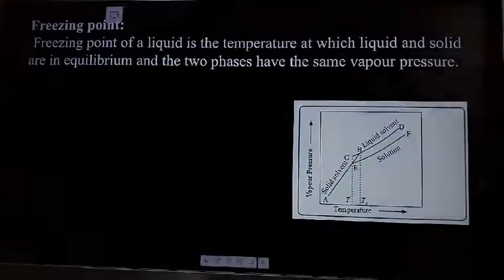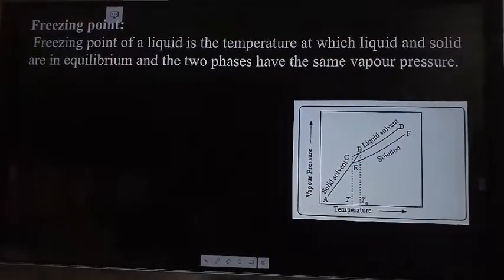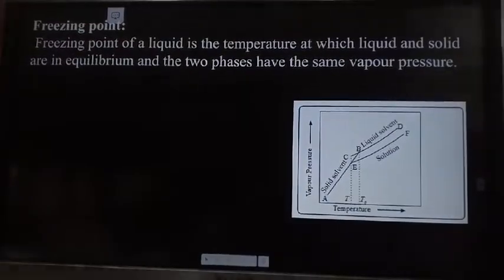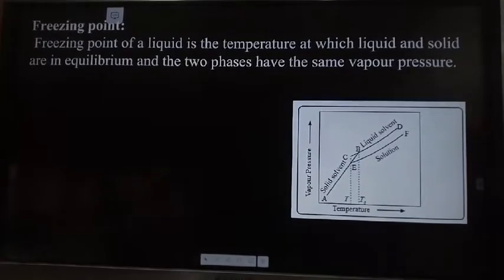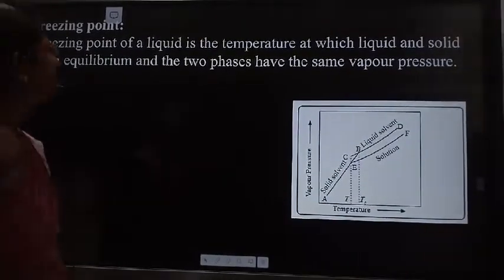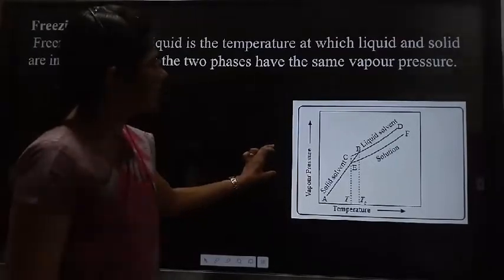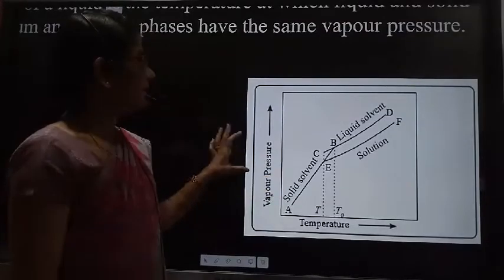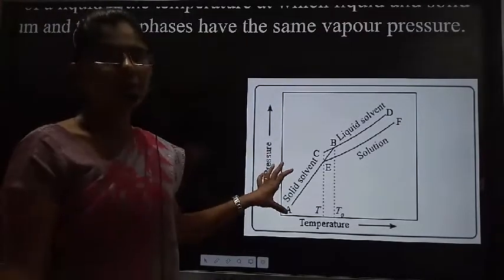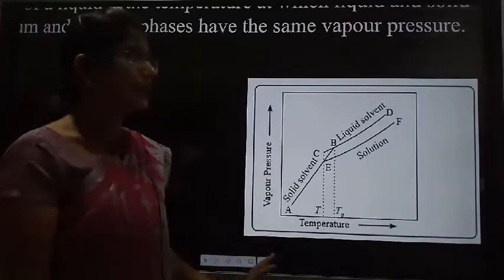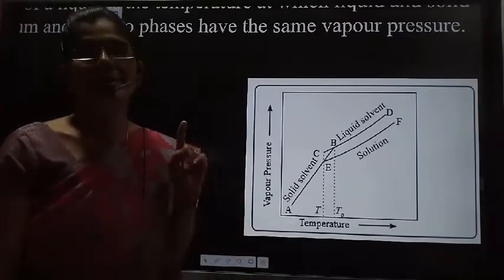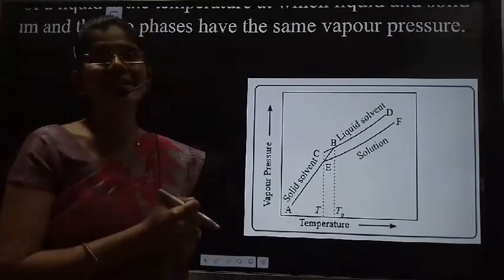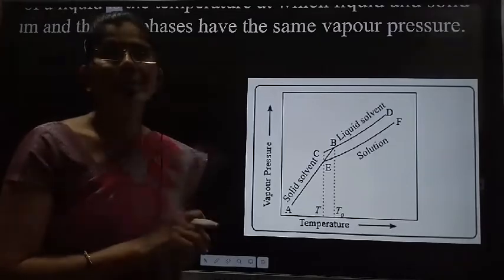So the freezing point of a liquid is defined as the temperature at which the liquid and the solid are in equilibrium, and the two phases have the same vapor pressure. Just like the boiling point, here we have considered the graph of temperature versus vapor pressure, because the boiling point and the freezing point have a direct consequence with the vapor pressure.